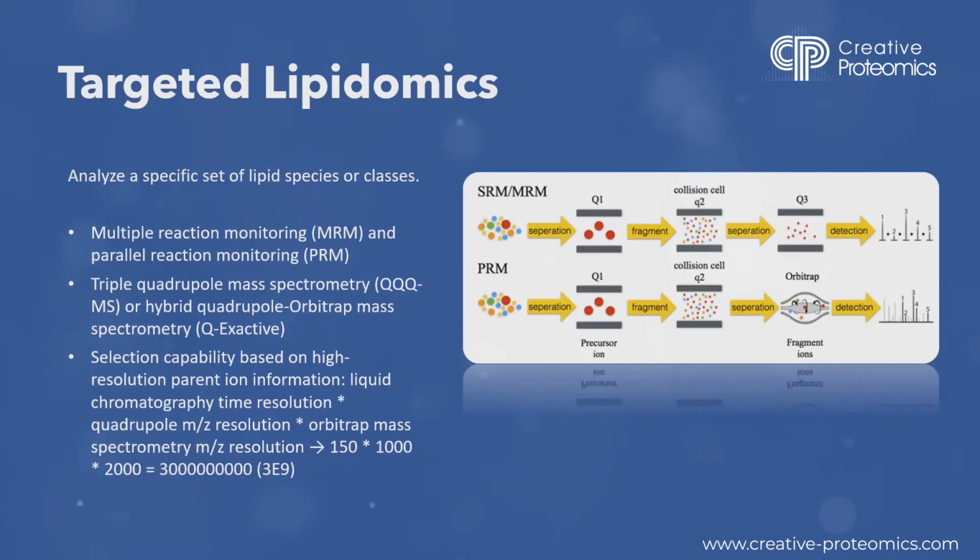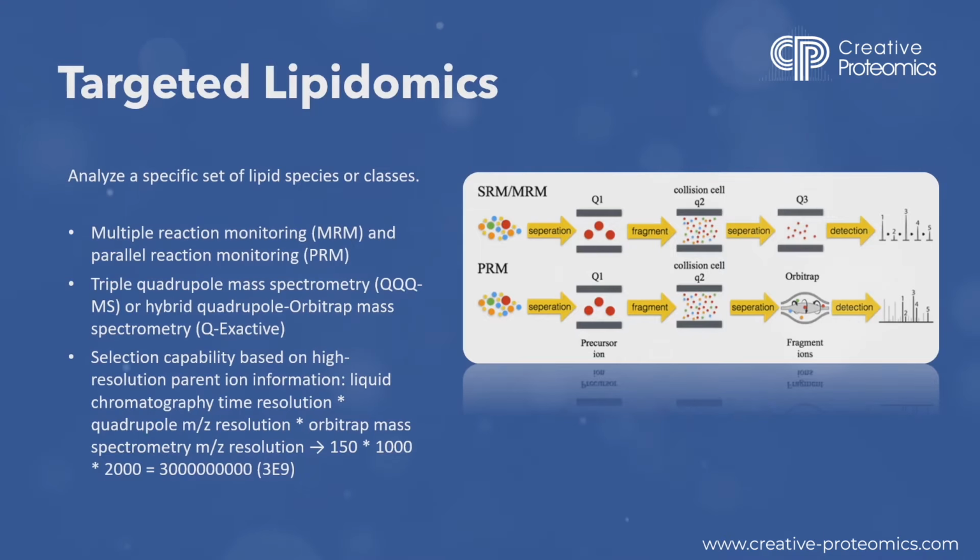The selection of specific lipid species or classes is facilitated by the remarkable capabilities of high-resolution parent ion selection. By multiplying the liquid phase time resolution, quadrupole MZ resolution, and Orbitrap MZ resolution, we can estimate the potential selection capacity of targeted lipidomics.